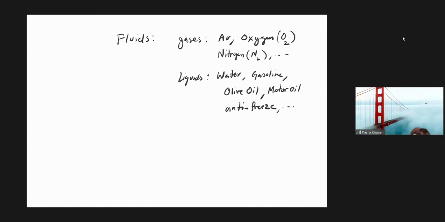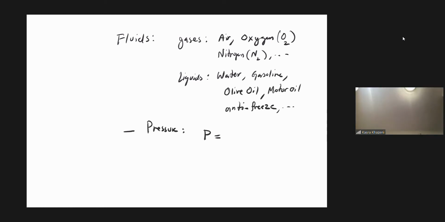Okay, now when you're talking about fluids, we talk about two things. One, pressure, which we normally write as P. You can measure the pressure of a fluid by measuring the amount of force it applies on a given area.